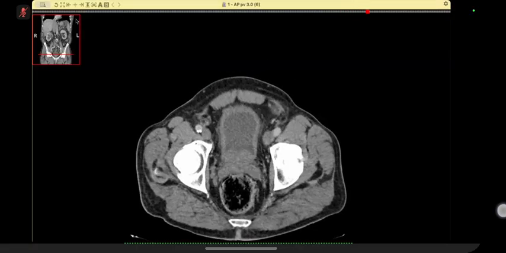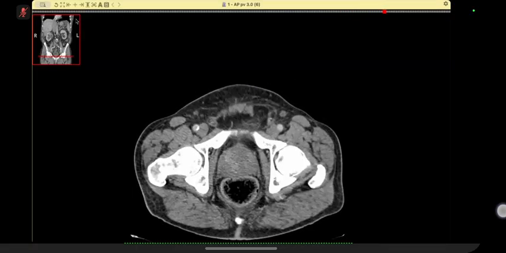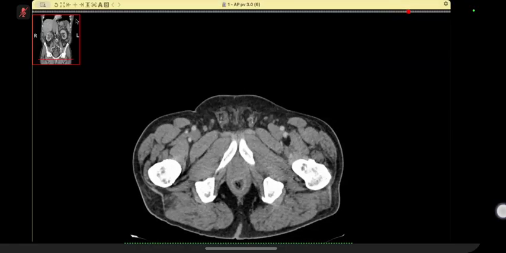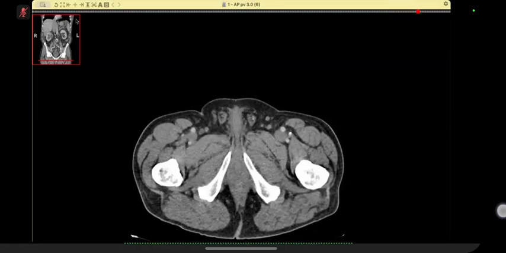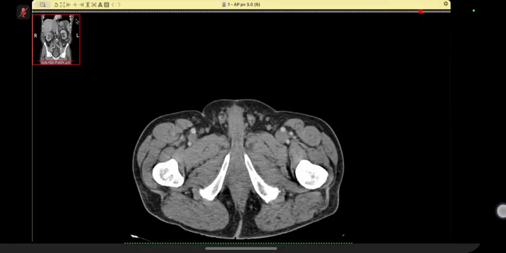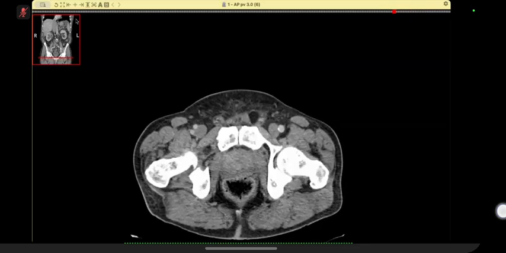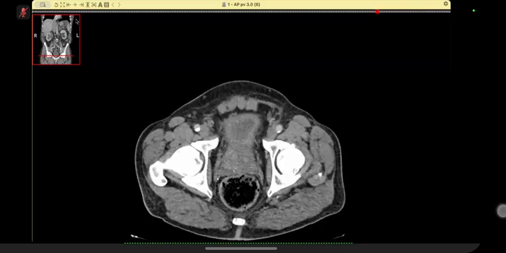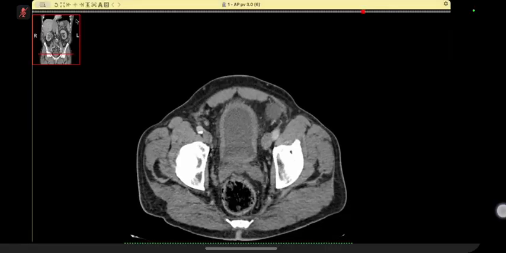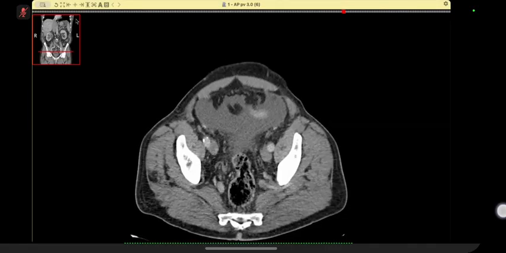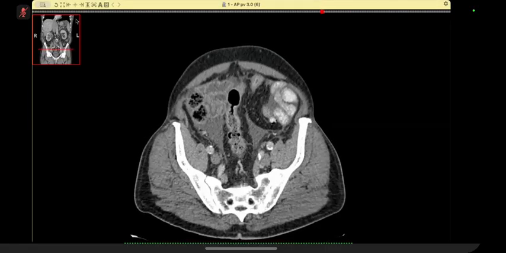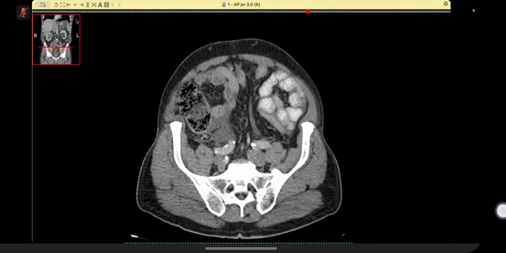There is significant abdominal pelvic free fluid. The bladder also appears to be thick-walled. Prostate appears bulky. That might be causing the outflow obstruction at the urine bladder level.